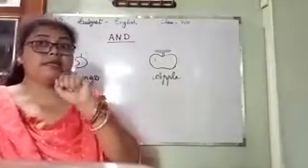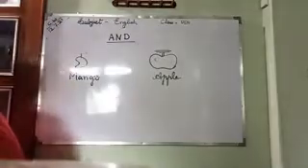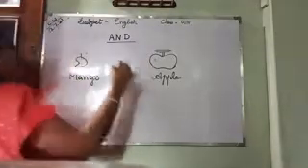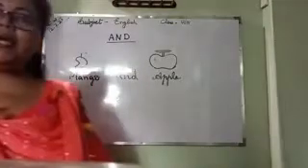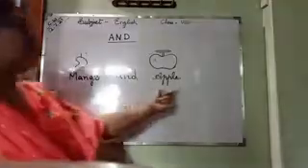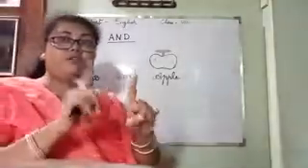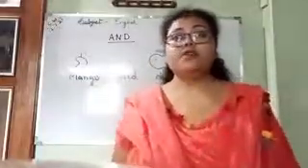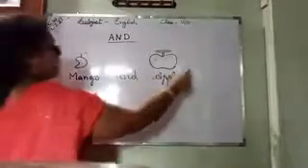So, saying it together, what will we say? Mango and apple. Okay, A-N-D, and apple. This is two what? For pairing, we use and to join two words. Mango and apple.